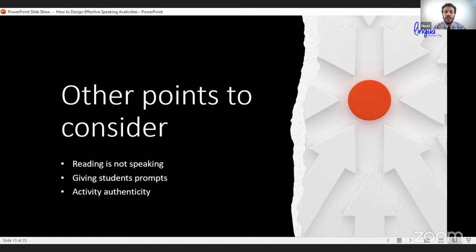And activity authenticity. That has something to do with whether students do the same in real life or not. For example, if you ask your students to give a presentation, well, I don't like to present.